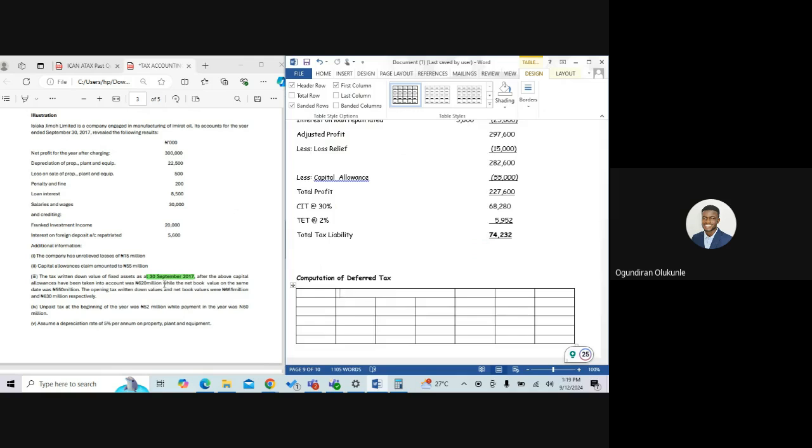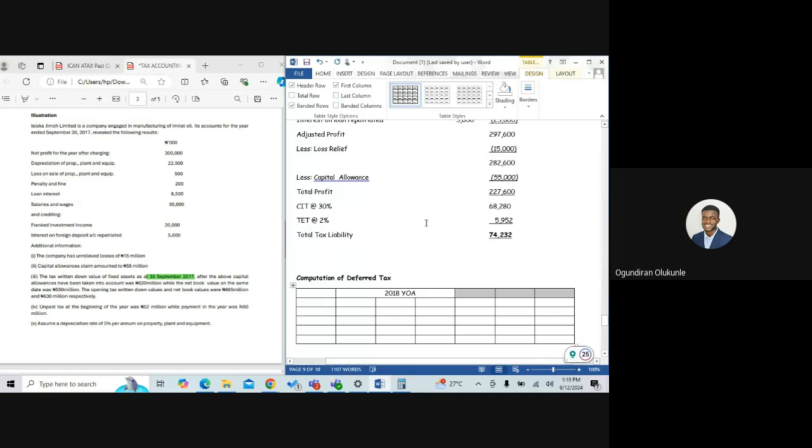So this value there is the closing balance for the year of assessment we are doing. So the year of assessment we are dealing with here is which year? 2018. Then the second year we are dealing with, the opening balance.